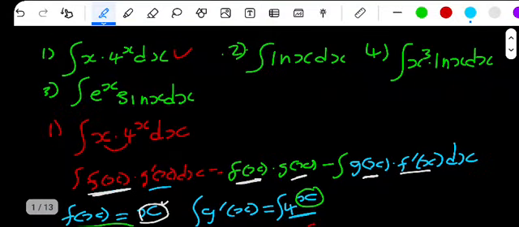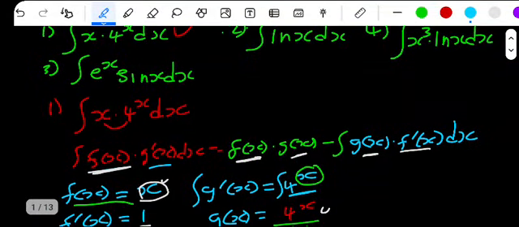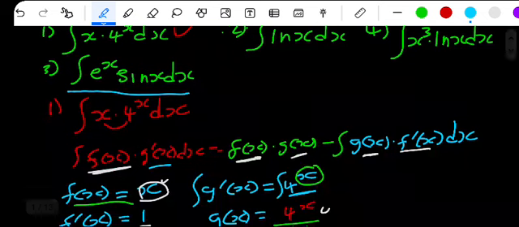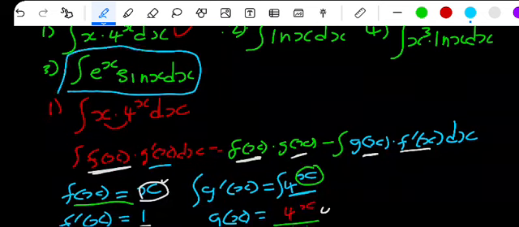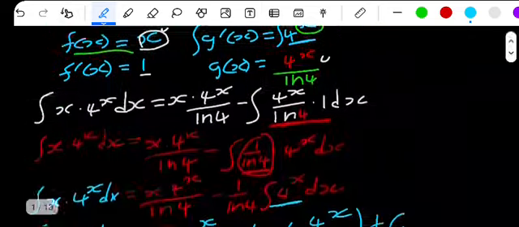All right, number 3, we've been given this now. The integral of ln of e raised to the power of x multiplied by sine x. That is what we have there.